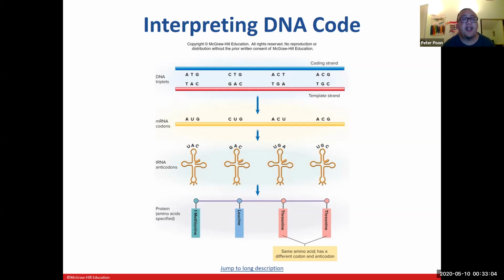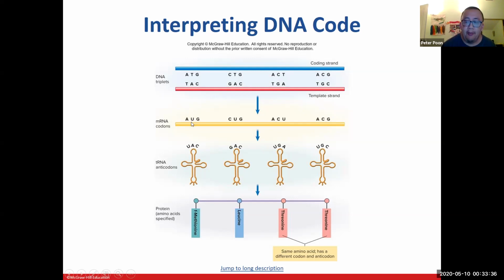So interpreting the DNA code. You have this strand of DNA called the coding strand. The coding strand makes an mRNA. The mRNA is actually attached to the template strand, and it copies the template strand, but that makes it equal to the coding strand, except all the T's are now U's.